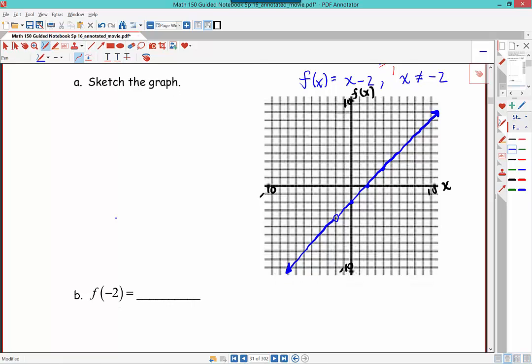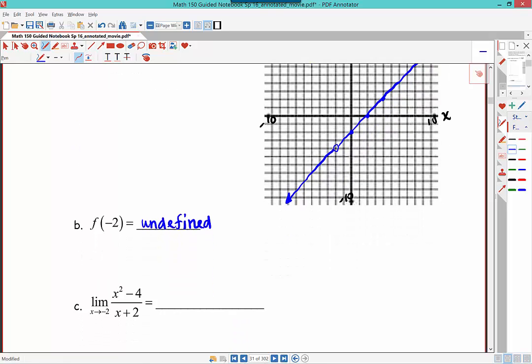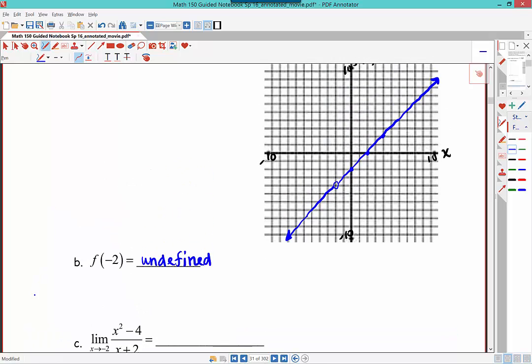So what was f at -2? Undefined. It's not part of the domain. And what about the limit? So let's look graphically. The limit as x approaches -2 of our function is going to be what?